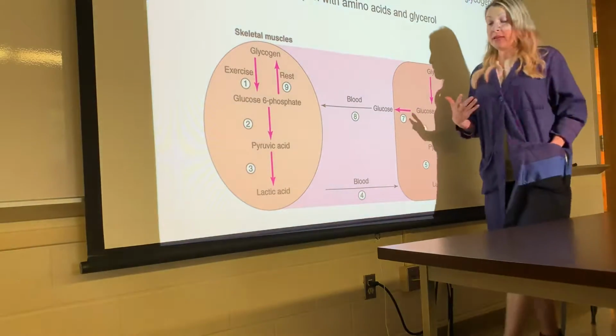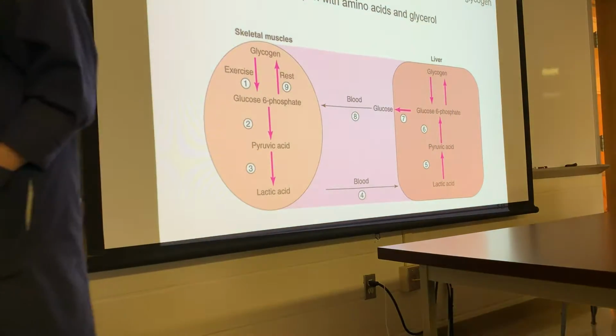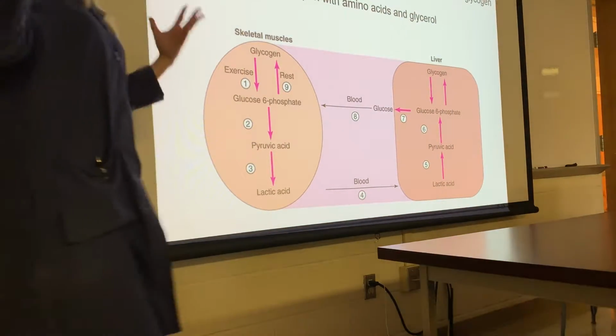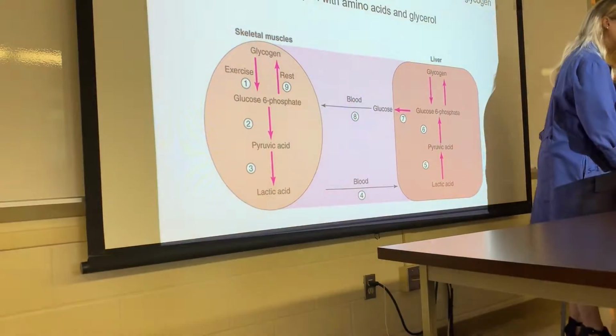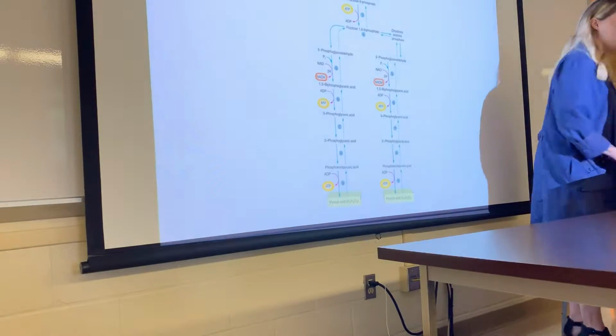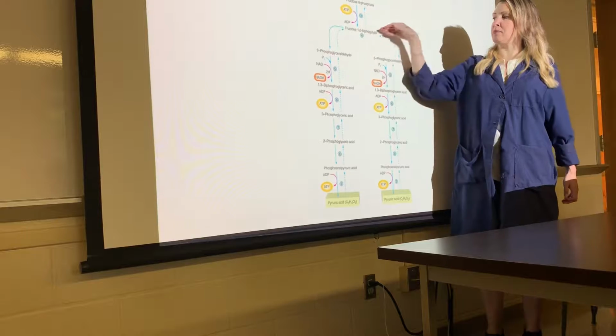Okay, then we add another phosphate from another ATP, and we generate a symmetrical molecule, because after that, we're going to take and break down our 6-carbon molecule into 2 3-carbon molecules.